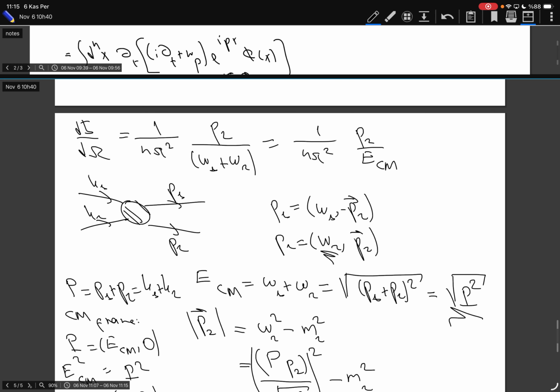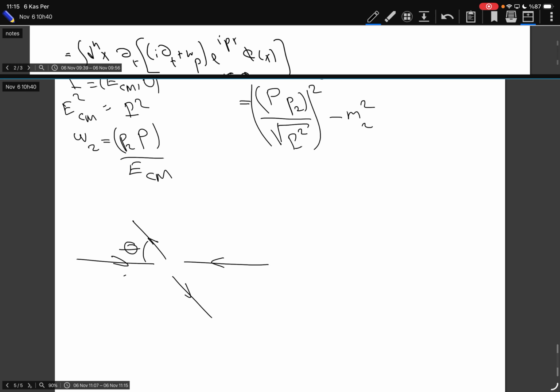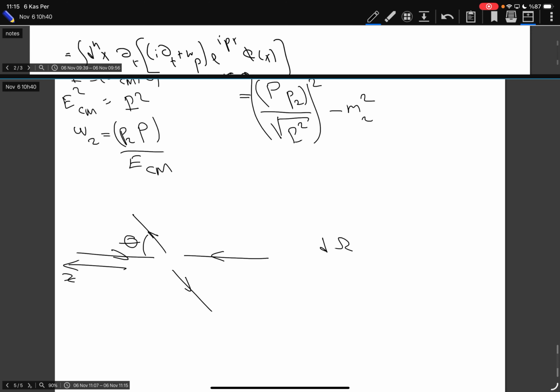Remember, this is what I calculated in the center of mass frame. So I can choose this as my z-axis. So the d omega will be d phi sine theta d theta. If nothing depends on phi, I can integrate over this, so d omega will be 2 pi sine theta d theta.